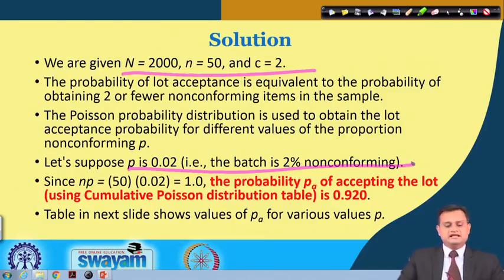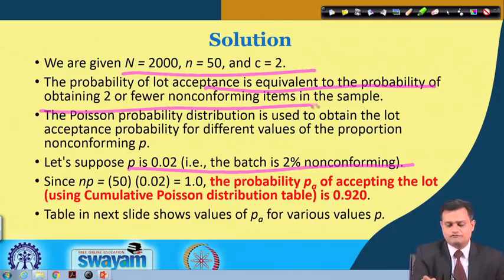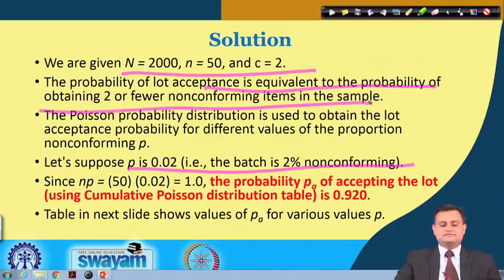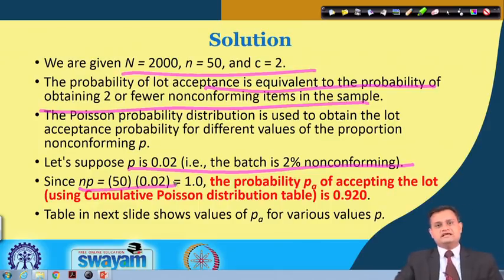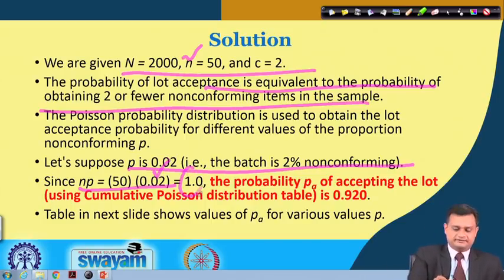So the probability of lot acceptance is equal to the probability of obtaining 2 or fewer non-conforming items, and I am assuming my p as 2%, that is 0.02. Now if I compute np, your n is 50, that is the sample size, and p is 0.02. When I multiply this I get 1. Now np is 1.